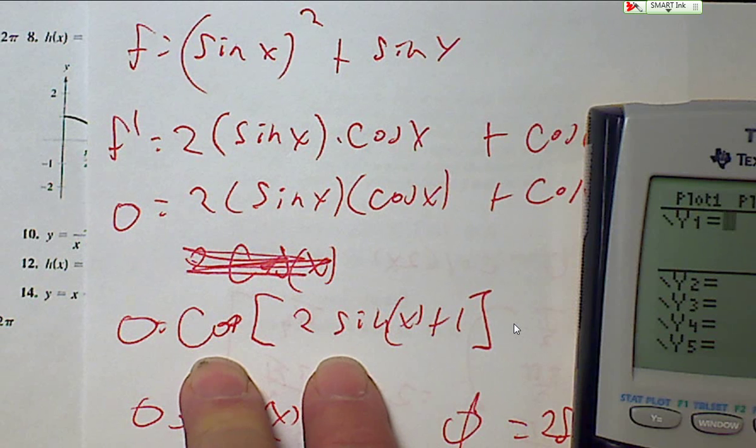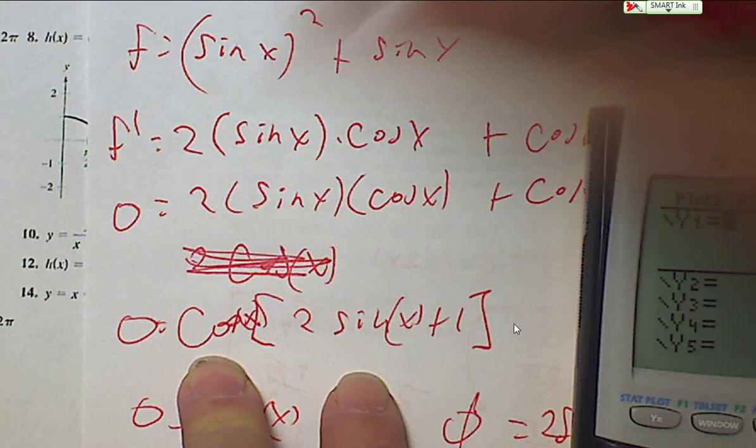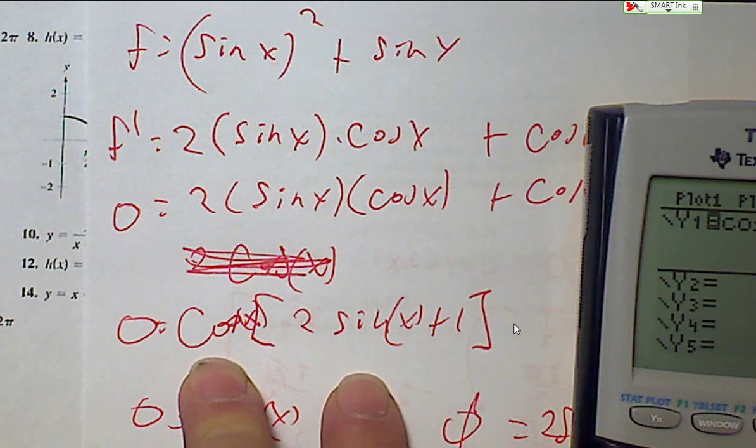Cosine of 2 sine of x plus 1. That's not right. Cosine of x times 2 sine of x plus 1.